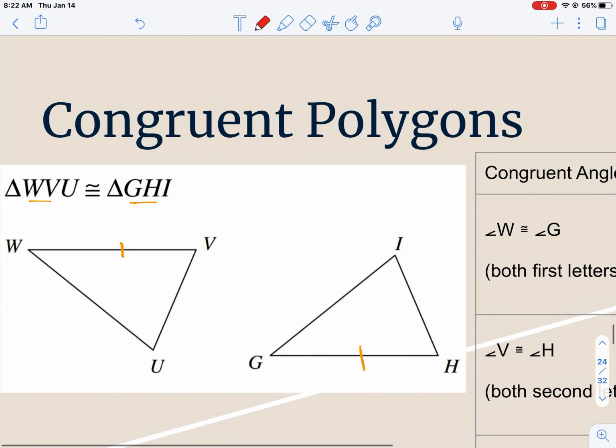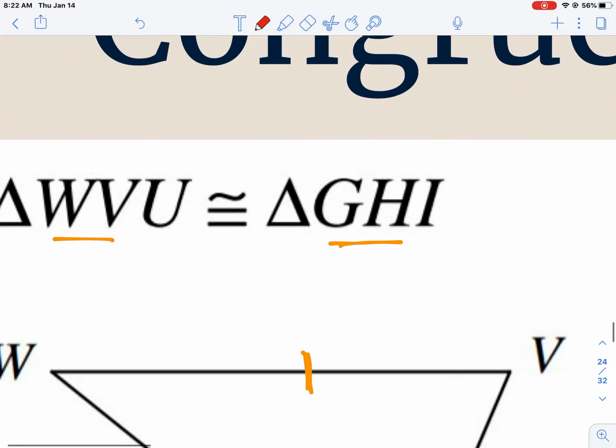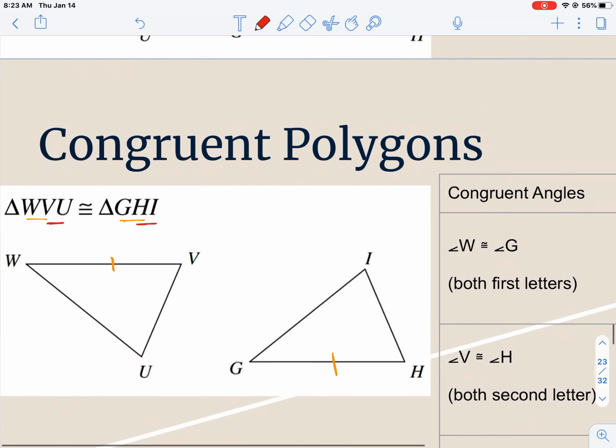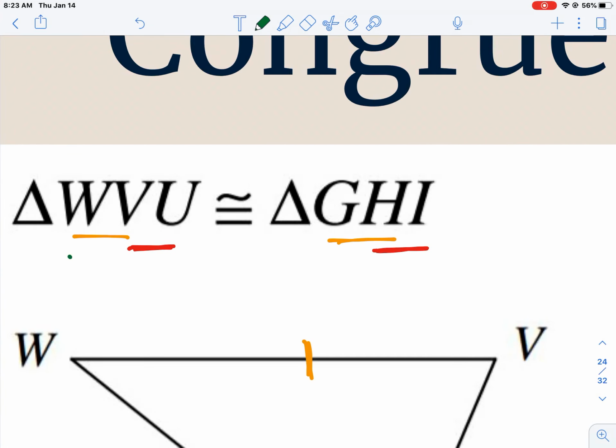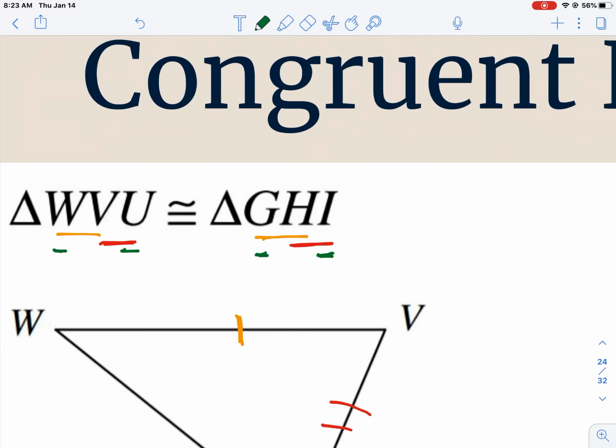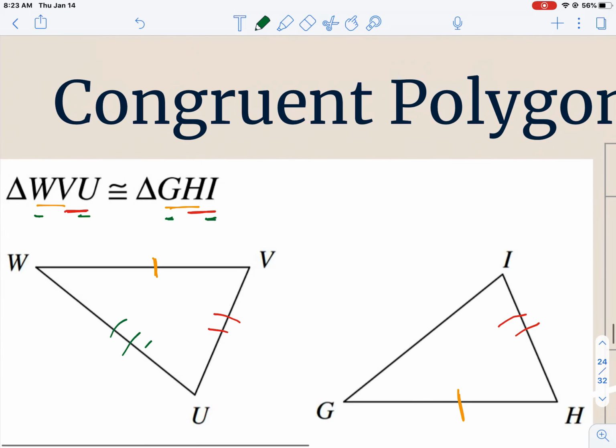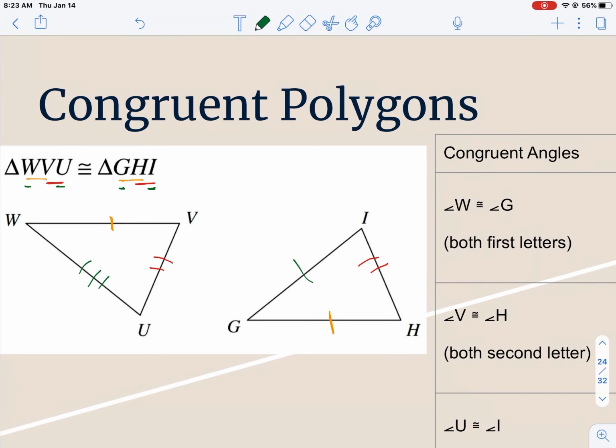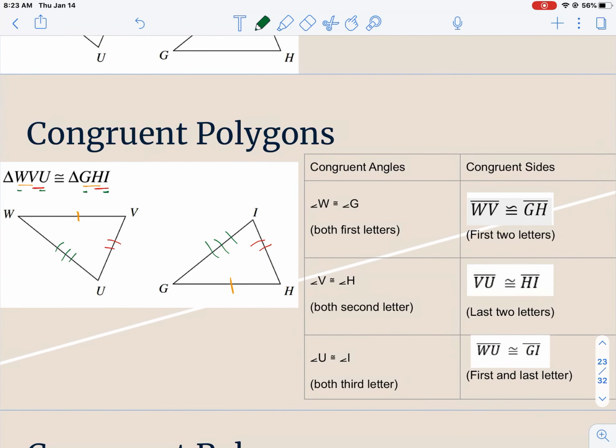Now, what if we did the second two letters? VU and HI. So line segment VU is congruent to line segment HI. And then we have the first letter and the last letter: WU is congruent to GI. So first two letters, last two letters, and the first and the last letter.